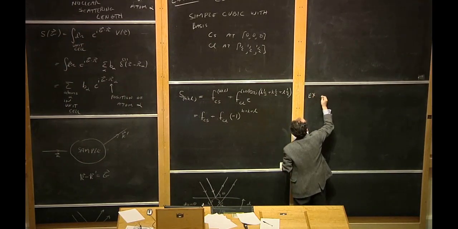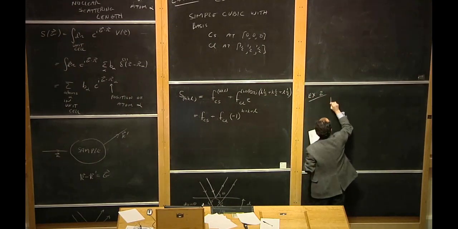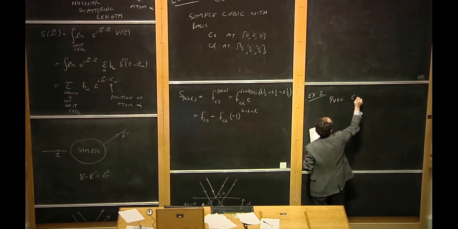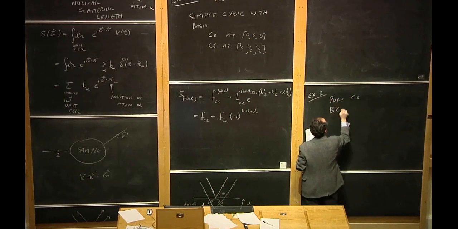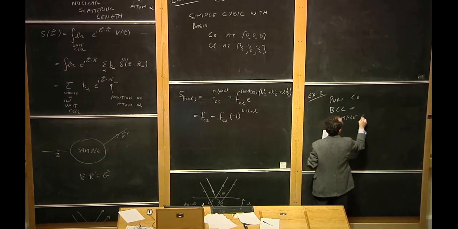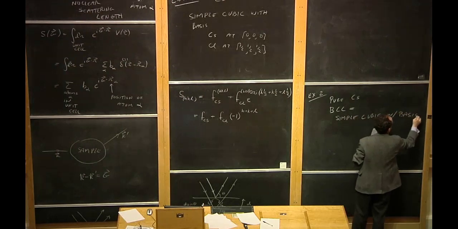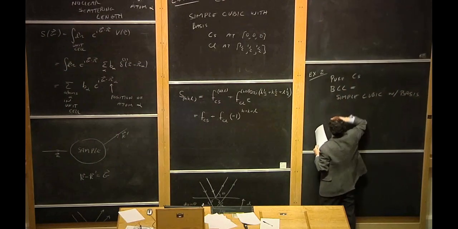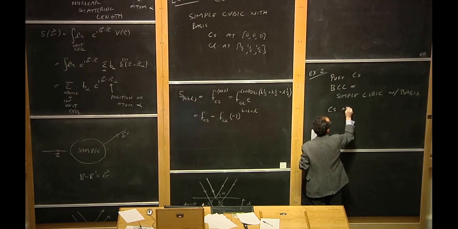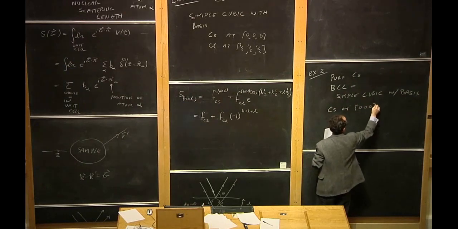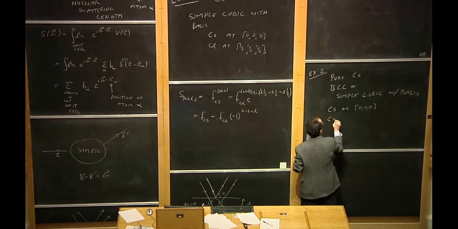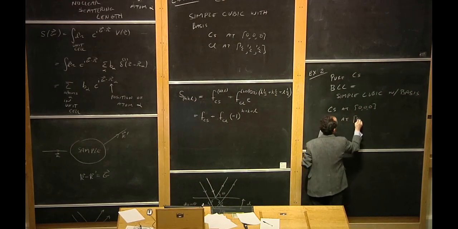Example 2, pure cesium. Now you remember that that's BCC, but BCC can be thought of as simple cubic with a basis, where the basis is cesium at 0, 0, 0, and cesium at 1/2, 1/2, 1/2.